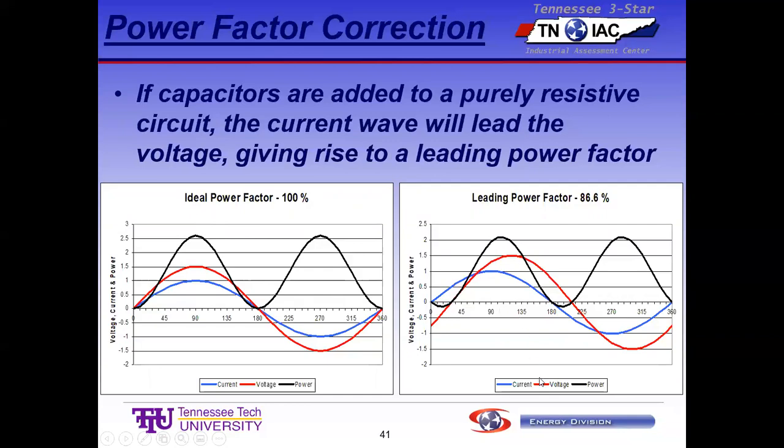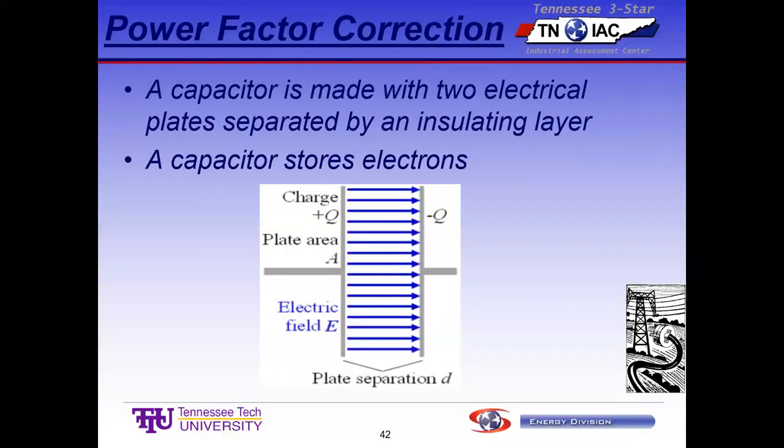But here, the voltage is peaking after. This is with additional capacitance in the circuit. The current will peak up here and the voltage will peak later. So it just changes that relationship between them.